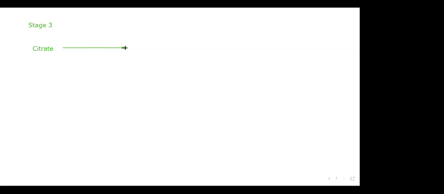It will be decarboxylated and dehydrogenated to form a 5 carbon compound. Just remember, 5 carbon compound.